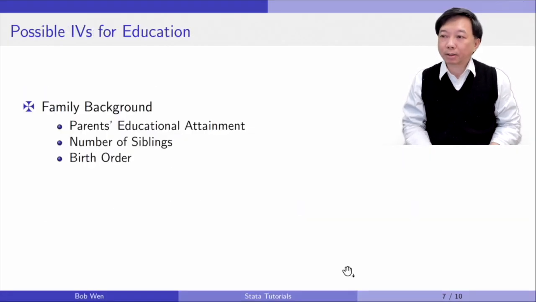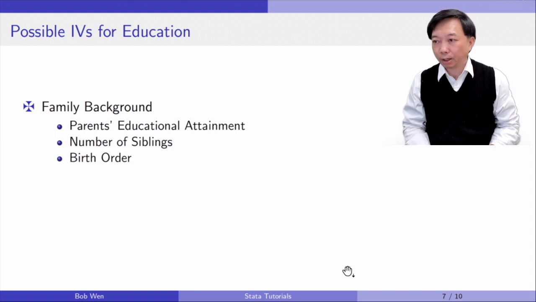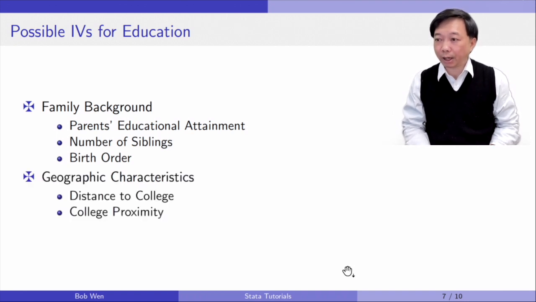Coming back to our example, we have seen several possible instrumental variables for the endogenous variable education in the wage equation. People often use the worker's family background, like their parents' education level, the number of siblings, or the birth order as instrumental variables for the worker's education attainment. The geographic characteristics are also commonly used as instrumental variables for education.